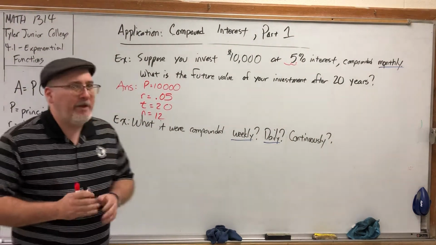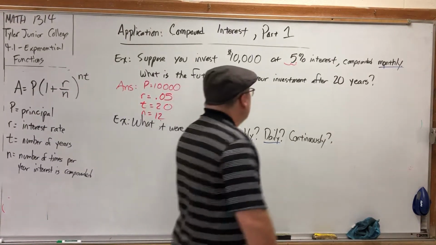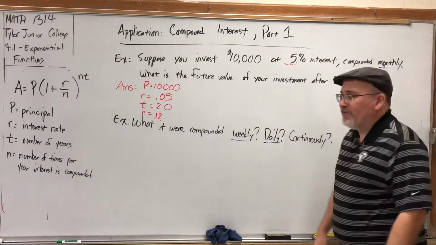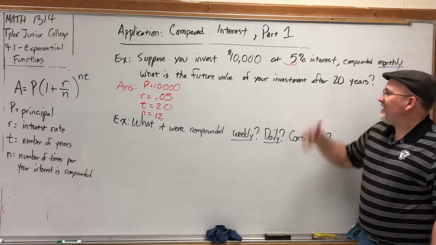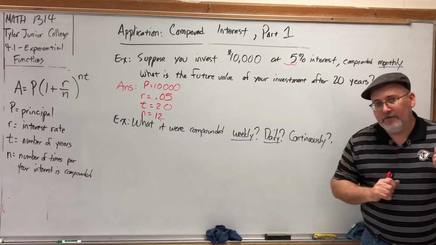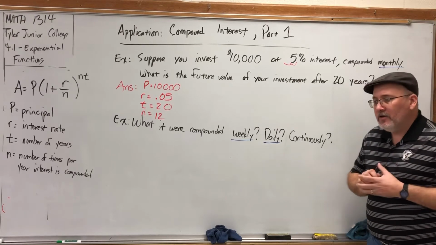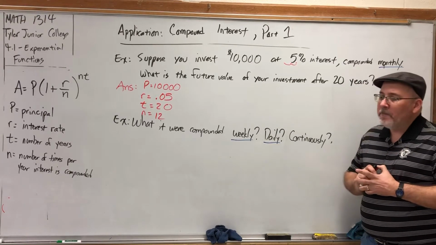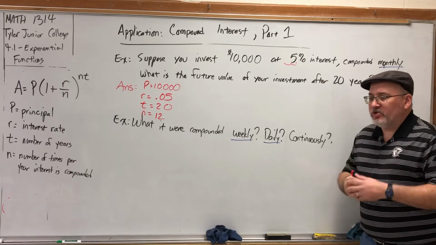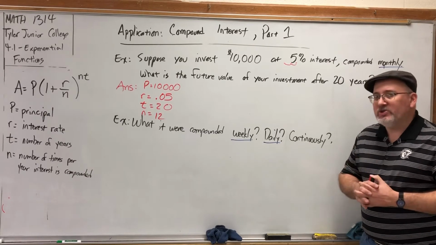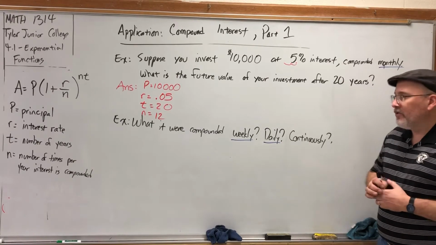And what it means to compound interest monthly is this. Over the course of a year, we have a 5% interest rate. Imagine taking that 5% and dividing it by 12, and then each month I calculate that part of the interest and add it on. So why not wait until the end of the year? Because the sooner you put on interest, the sooner it starts earning interest, hence the word compound interest.